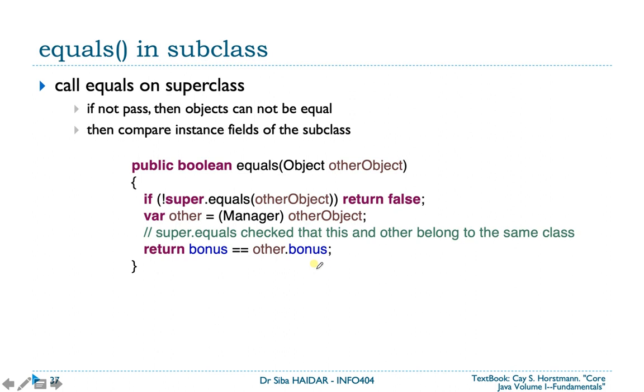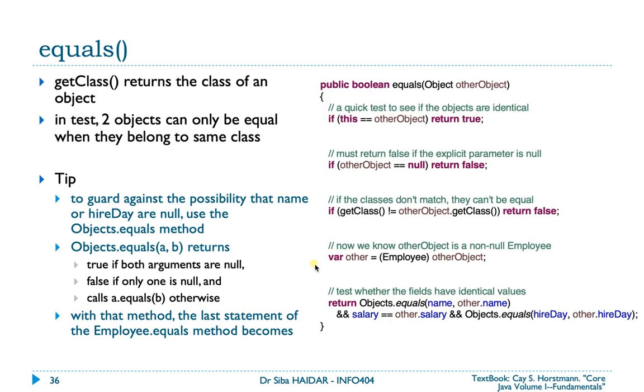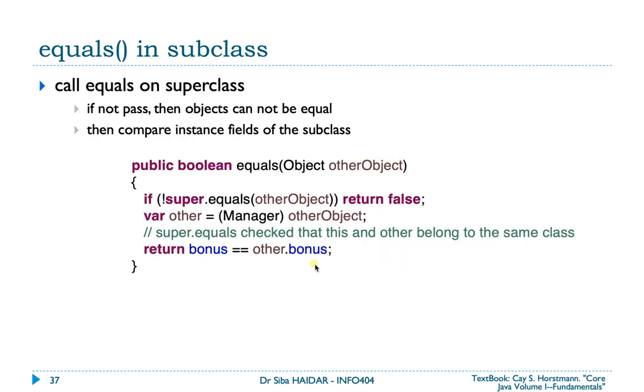So this was the definition for equals in the Employee class. What about the subclasses of Employee? Suppose I have the Manager class and I want to override. Now I am obliged to override the Manager implementation for equals. So if you want to call equals on superclasses, if not passed, then objects cannot be equal. Then compare instance fields of the subclass.